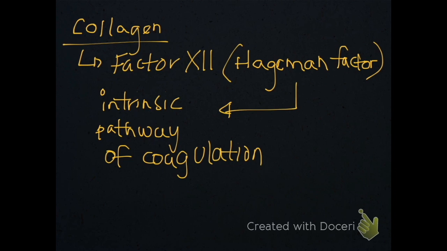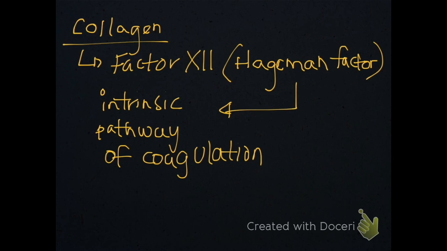But here, collagen specifically works with factor 12 to facilitate the activation of the intrinsic pathway of coagulation, and all of this is occurring simultaneously to make a platelet plug become a stable platelet plug.